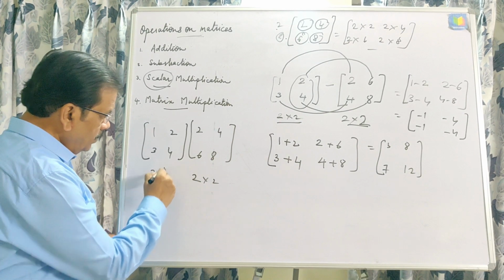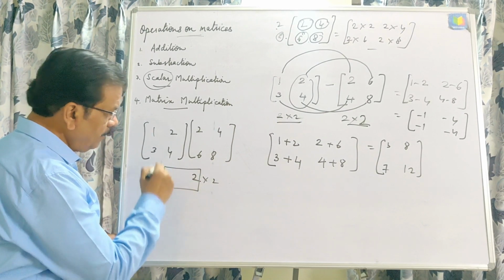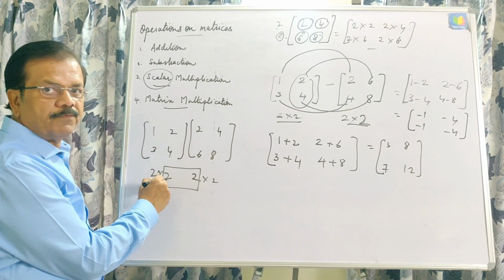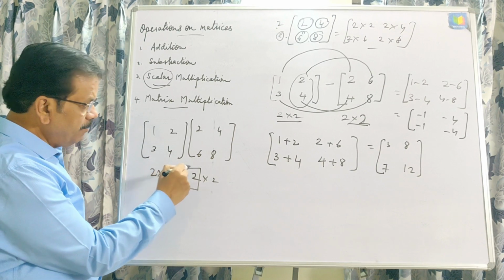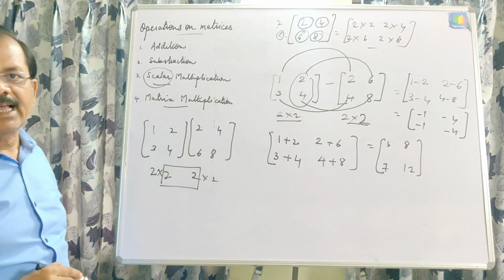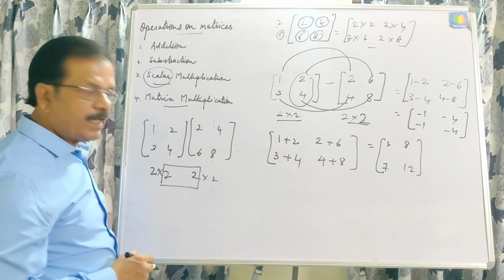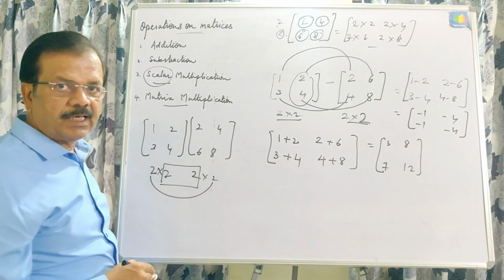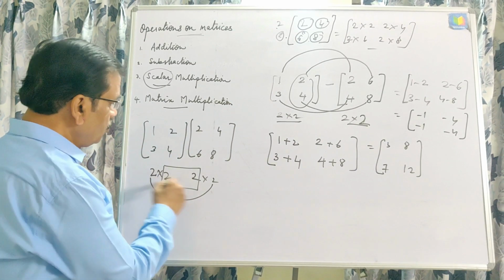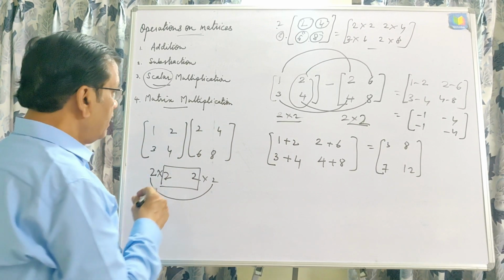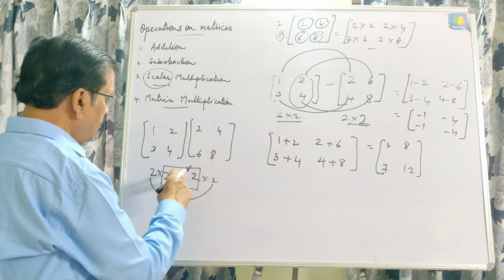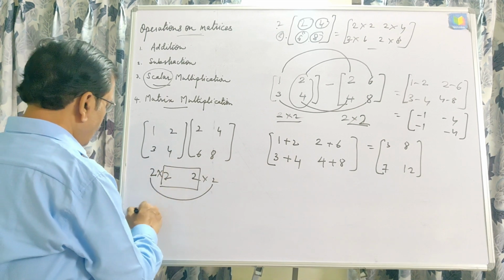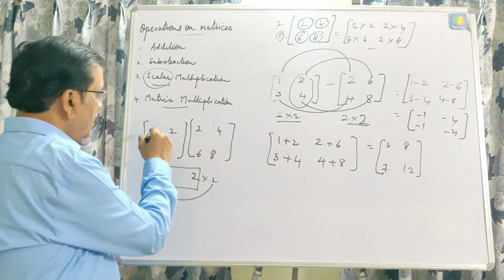Now here we check if the number of columns in the first matrix is the same as the number of rows in the second matrix, then we can say that we are able to multiply it, and after multiplication the order will be 2 cross 2.